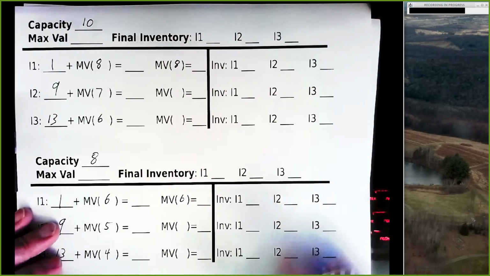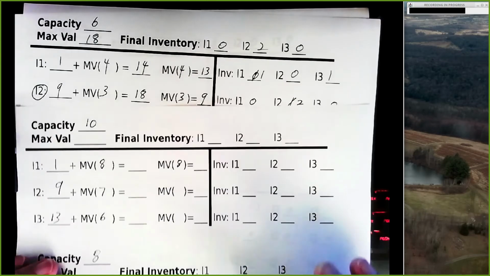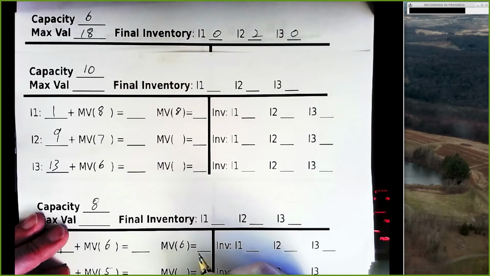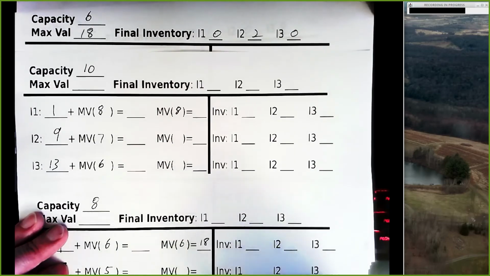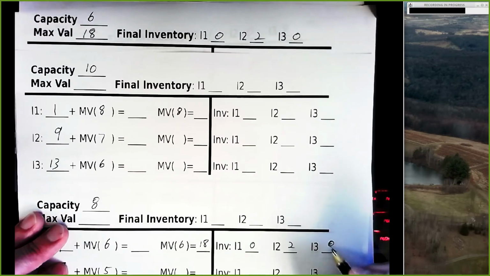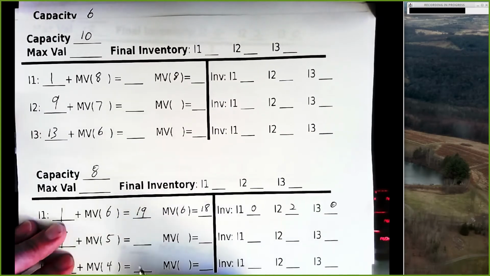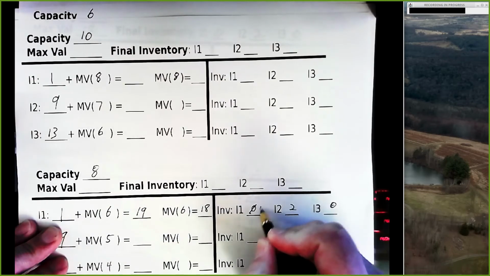And that is our first iteration of this for loop. Right, this is why we have computers. So max val of 6 is 18, and the inventory is 0, 2, 0. And 1 plus 18 is 19. And we bump up item 1.